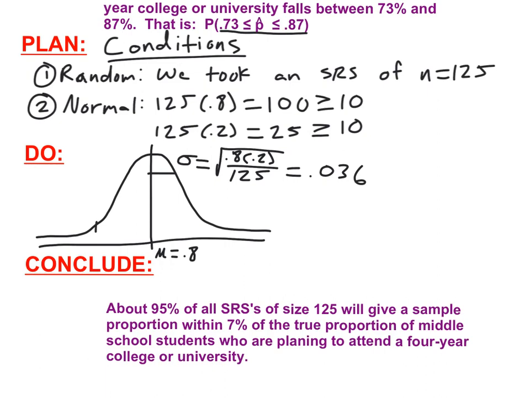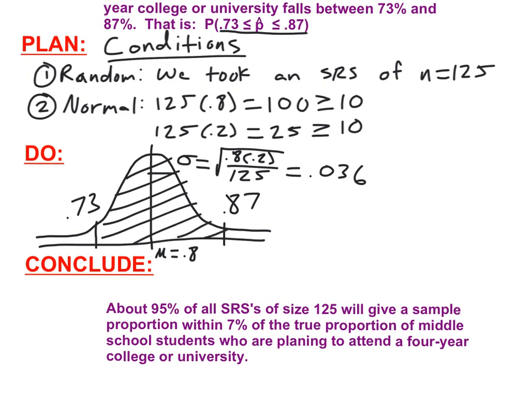And then we are looking for these outcomes here to here. We'll shade the probability that we're going to calculate. You've got mu and sigma, lower bound of 0.73, upper bound of 0.87. You could go normal CDF that, and certainly if you have a calculator, feel free to try.